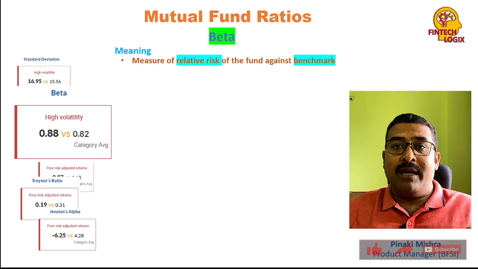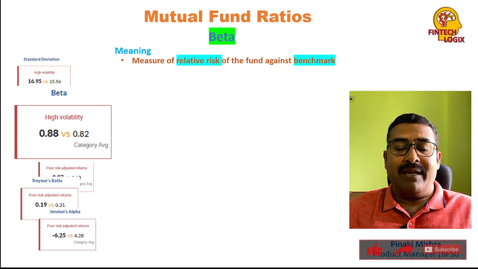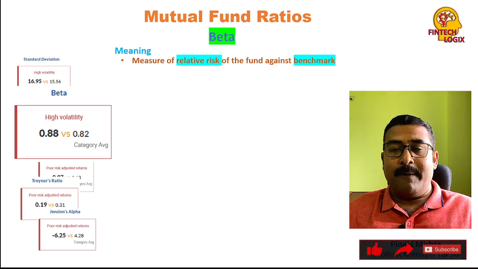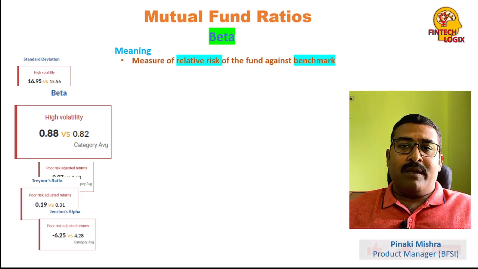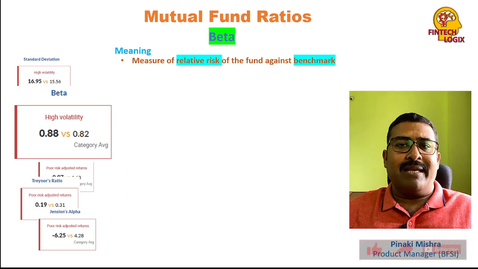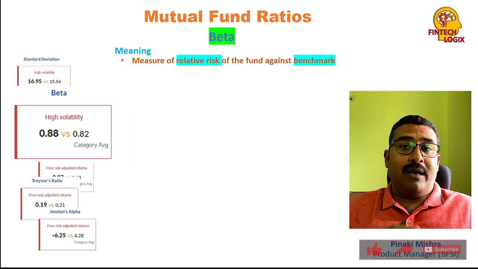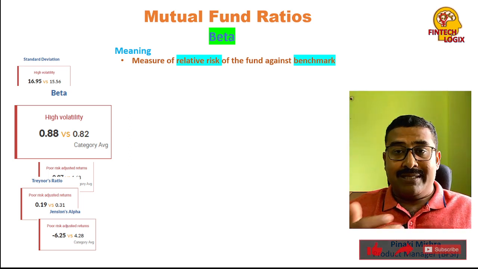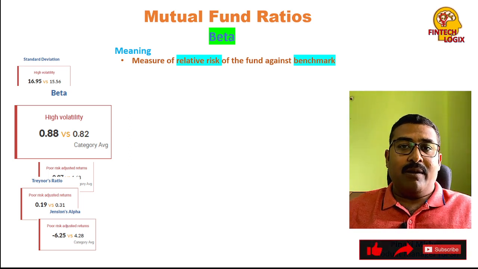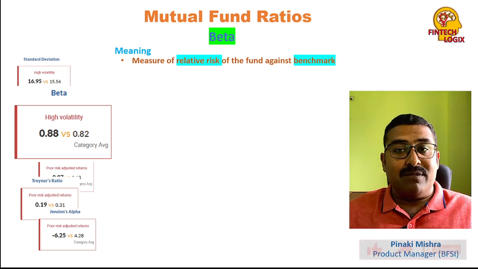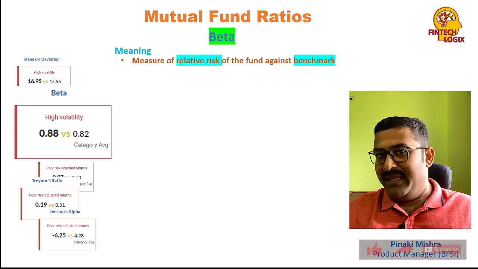You would commonly hear about the S&P index being a benchmark for many mutual funds. So we are talking about how risky the fund is, less or more risky, with respect to the benchmark. That is what beta means.